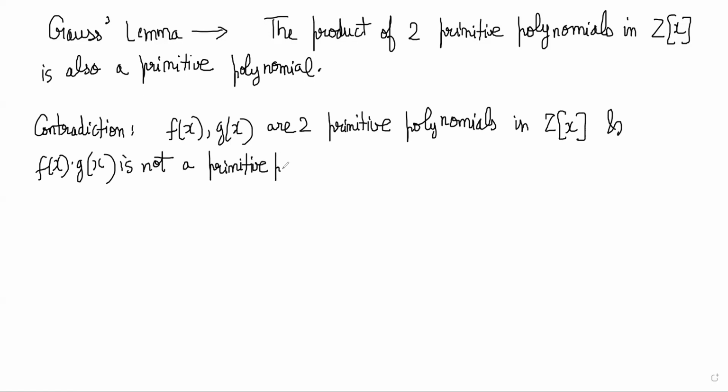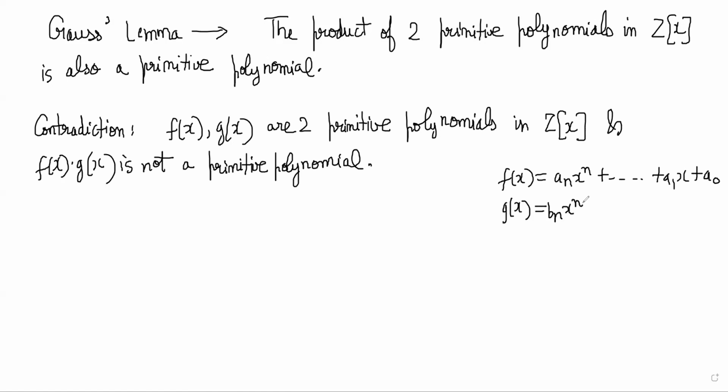Eventually I want to arrive at a contradiction, which will mean that we have proved Gauss's lemma, right? So let's write f of x as a n x to the n till a1 x plus a naught, and g of x as b n x to the n till b1 x plus b naught.